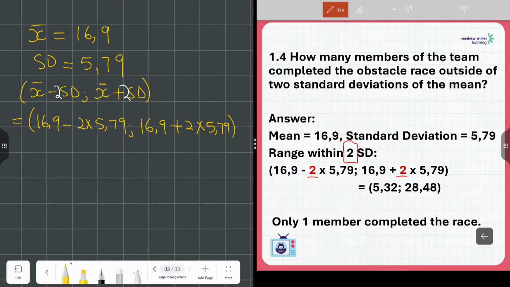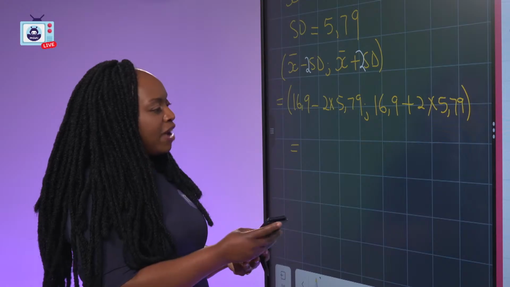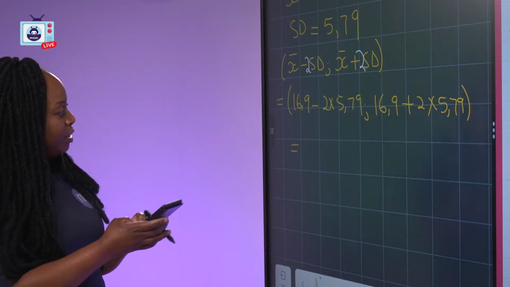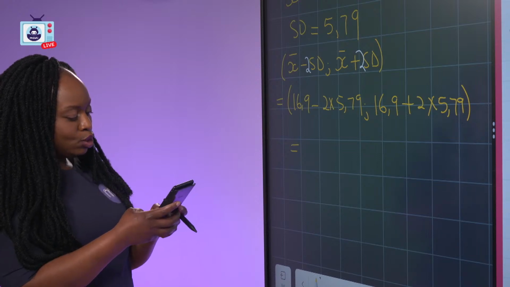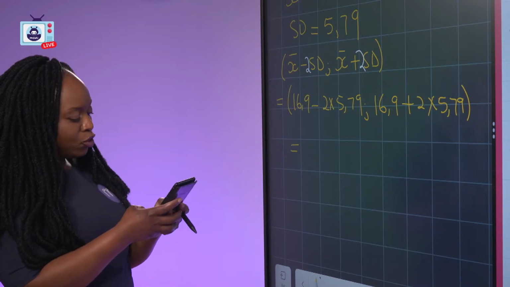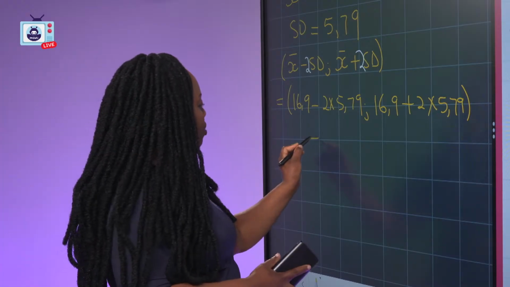And then we put our bracket, right? So if you multiply it properly with your calculator, you would see that your lower part gives you 5,32. Please, let's check. So 16,9 minus 2 multiplied by 5,79 gives us 5,32.